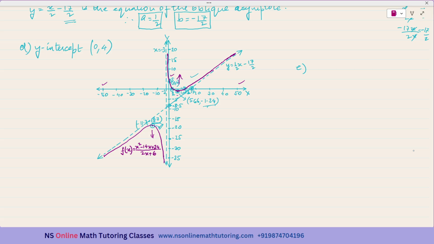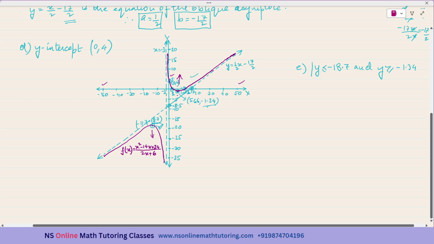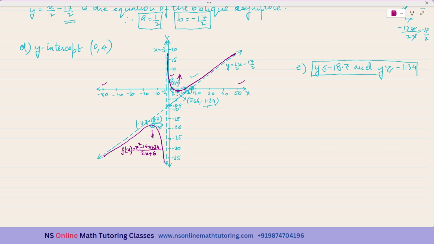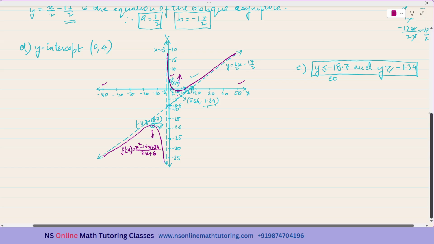So the range is y is less than or equal to negative 18.7 and y is greater than or equal to negative 1.34. So this is the final answer for the subpart E. And of course correct to three significant figures, definitely. Okay.